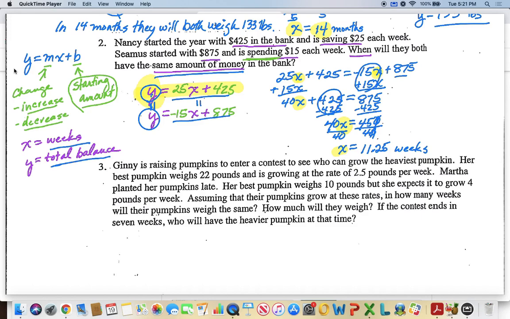Okay, so I'm going to rewrite that over here. y equals 25x plus 425. And now let's insert the value for x. So that's 25 times 11.25 plus 425.